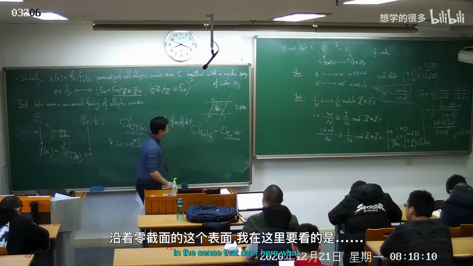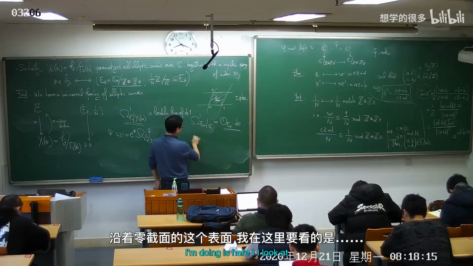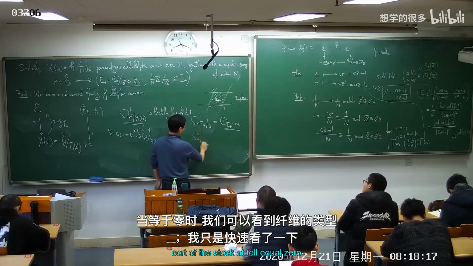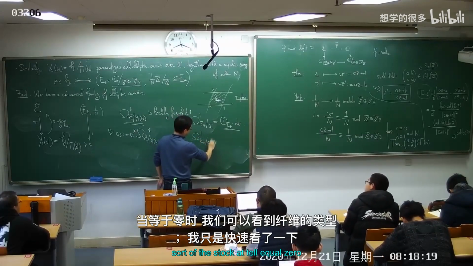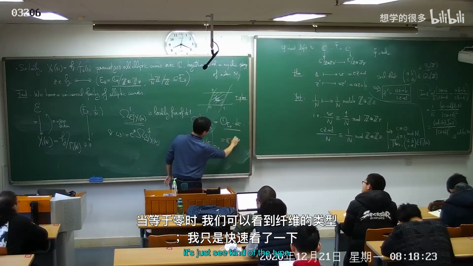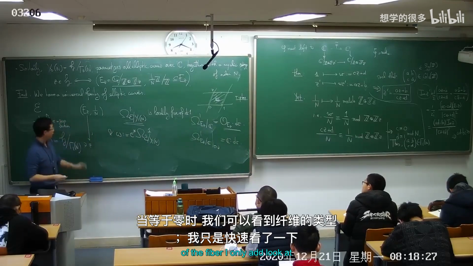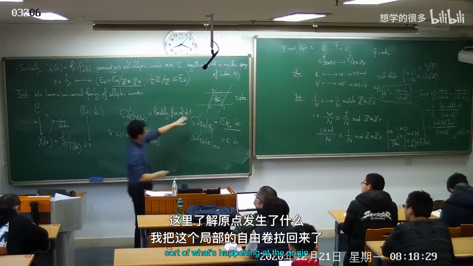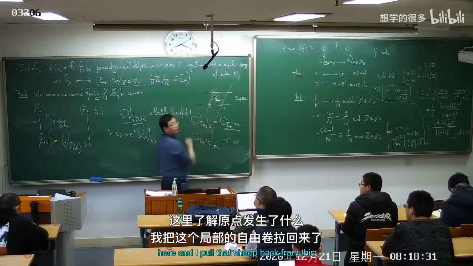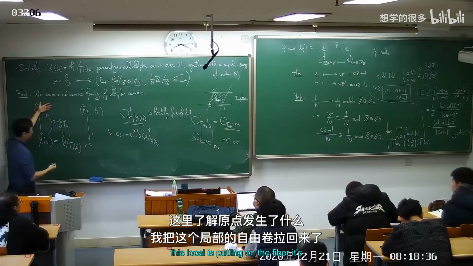In the sense that over here, what I'm doing is I look at the stalk at tau equals 0. This is just C times d tau. On each of the fibers, I only look at what's happening at the origin here, and I pull that sheet back from this. This is local. It's basically on the fiber.